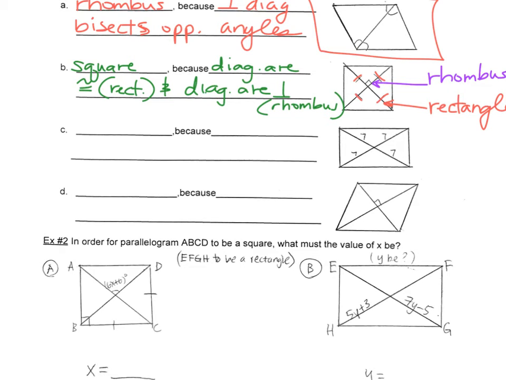So we would say this one's a rectangle because the diagonals are congruent. Okay. Last one there. Rhombus, rectangle, or square? That's a rhombus. Why is it a rhombus? Right. Diagonals are perpendicular.